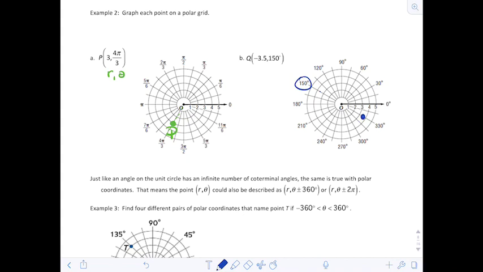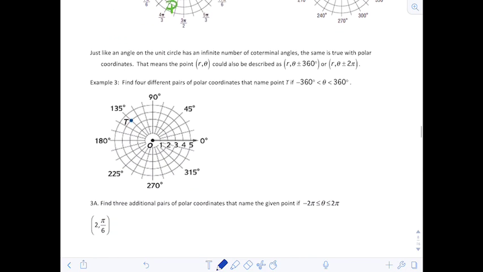So again, the 150 had a reference angle of 30 with the 180 degrees. And so when I go the opposite direction, I still want a reference angle with the x-axis of 30 degrees. So this would be my point Q. I rotated 150 degrees, but instead of going out on the terminal side, I went in the opposite direction, negative 3.5 units out.